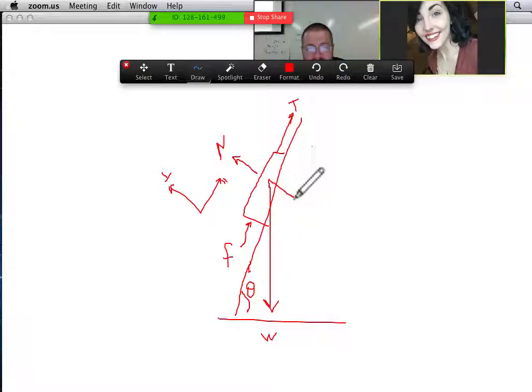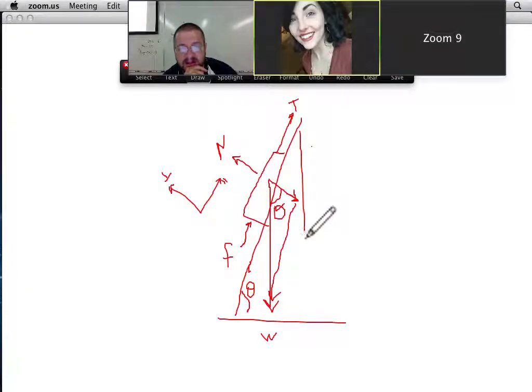One of them is going to be perpendicular like that, and one is going to be parallel like this, right? And then this angle, being the big angle, is going to be this theta. This angle and this angle are the same. They're both the big angle and they're similar triangles, right?